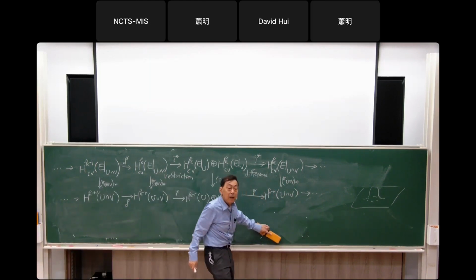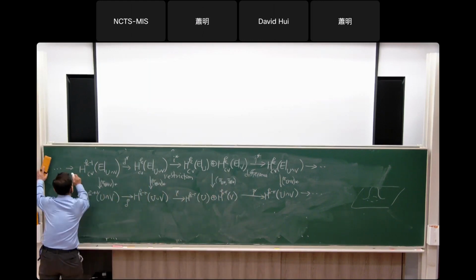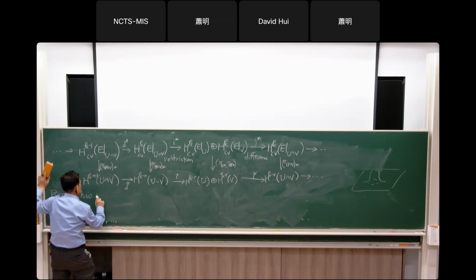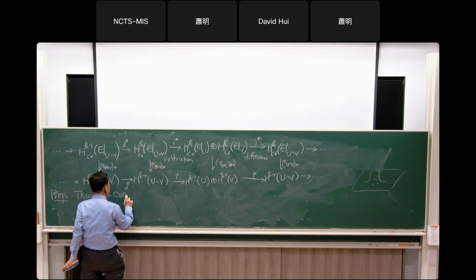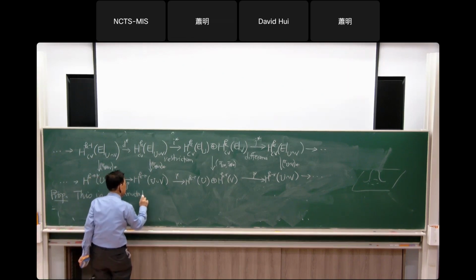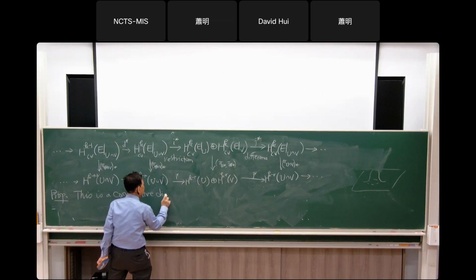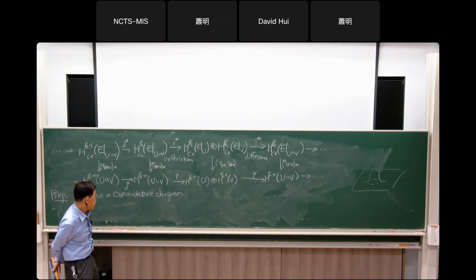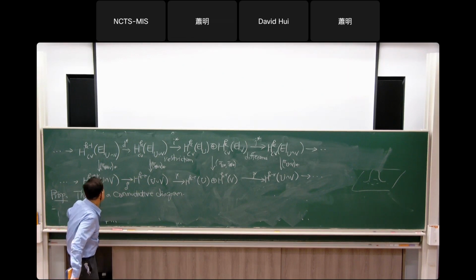And we can check that this diagram is commutative. So, proposition: this is a commutative diagram. And then this will allow you to get the Thom isomorphism.